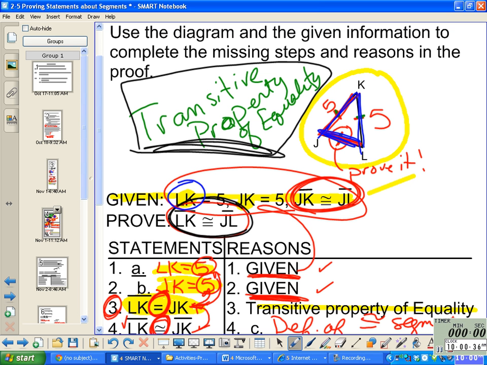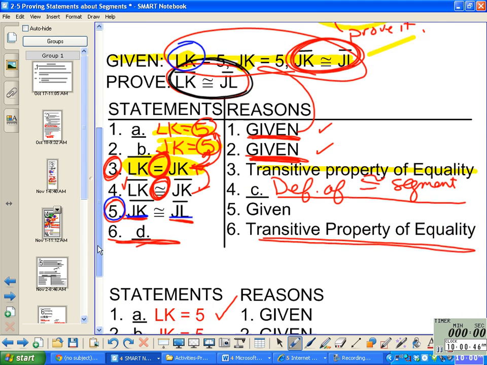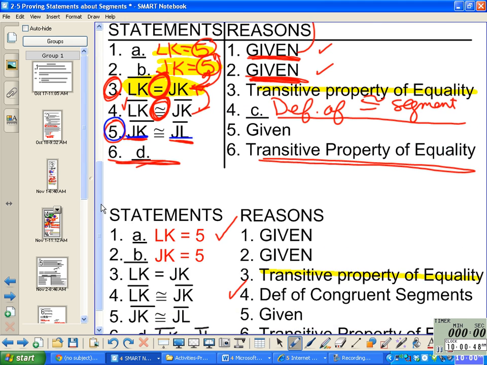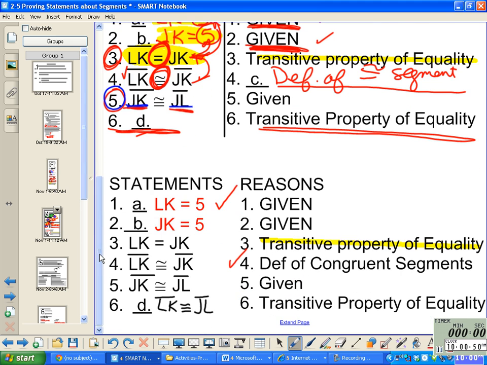Now that reason means that if JK is congruent to KL and KL is congruent to JL, that's transitive property. So now what do I write here? I put segment LK is going to be congruent to JL, and then using the hat, because of the transitive property of equality.